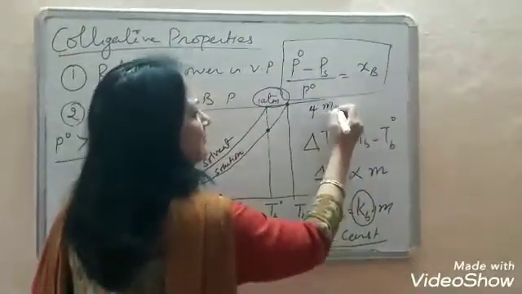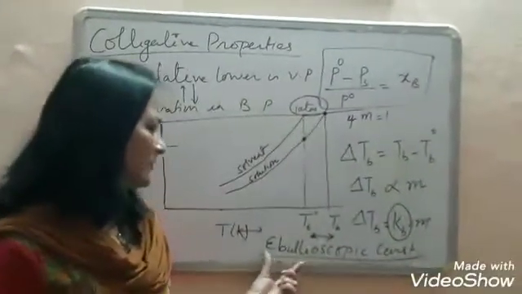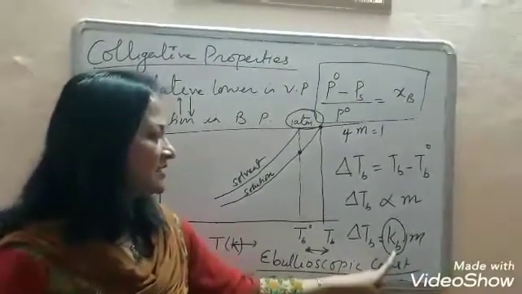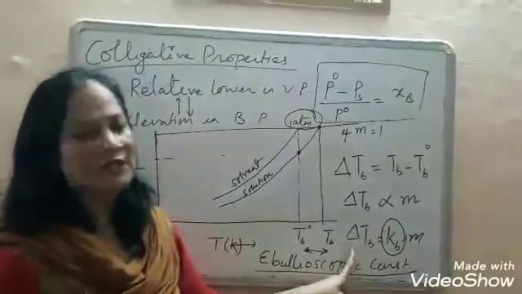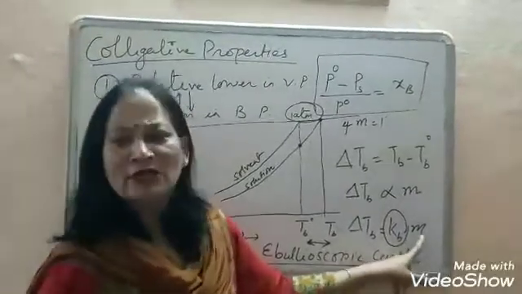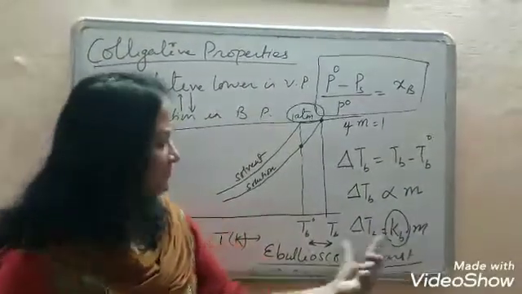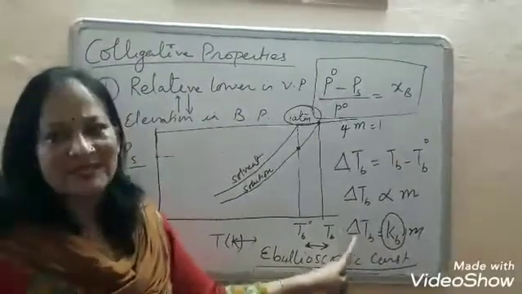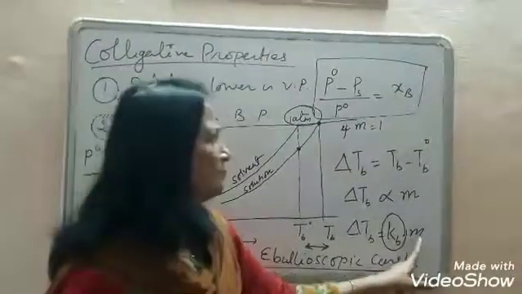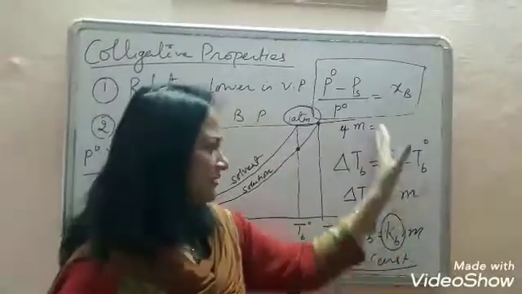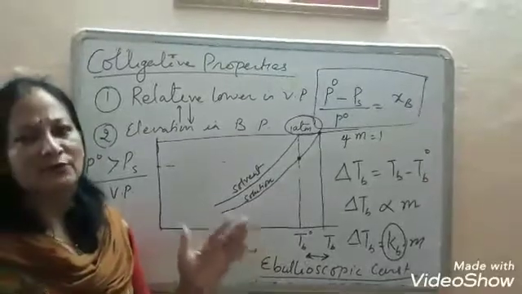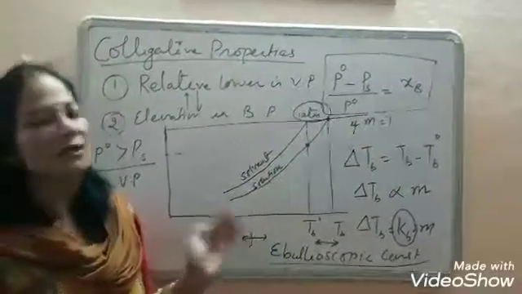If m is 1, if a 1 molal solution is there, the ebullioscopic constant is the rise in temperature for a 1 molal solution. Once again, the ebullioscopic constant is the rise in temperature for a 1 molal solution. Whatever the rise in boiling point is for a 1 molal solution, that would be its ebullioscopic constant.